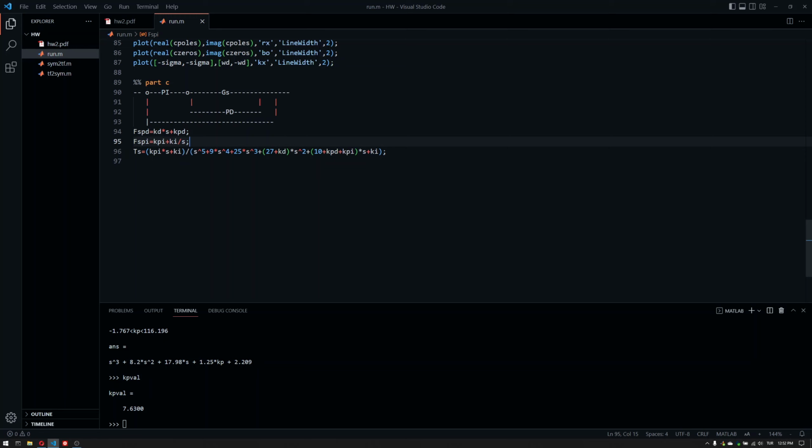You can do the math and you'll see that this will be the result. And as you can see, we can decide on KPI, and it doesn't really matter what KPI is. If we compensate it with KPD, we can still match KPD plus KPI equals KP, the original PID parameter. So KD is the original PID parameter, KI is the original one, and KP is the original one.